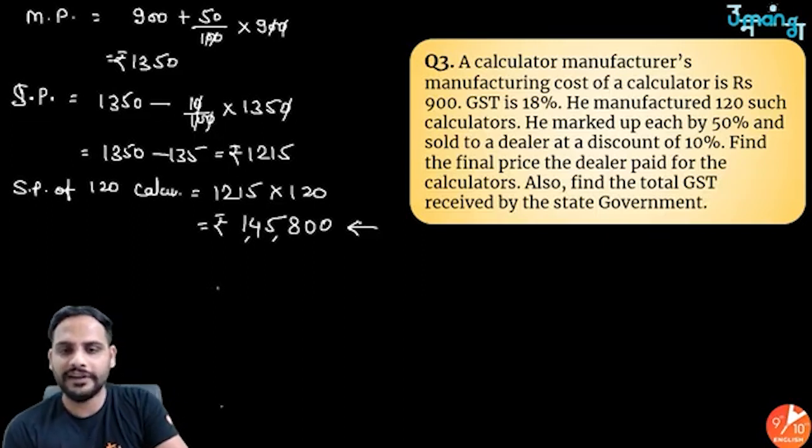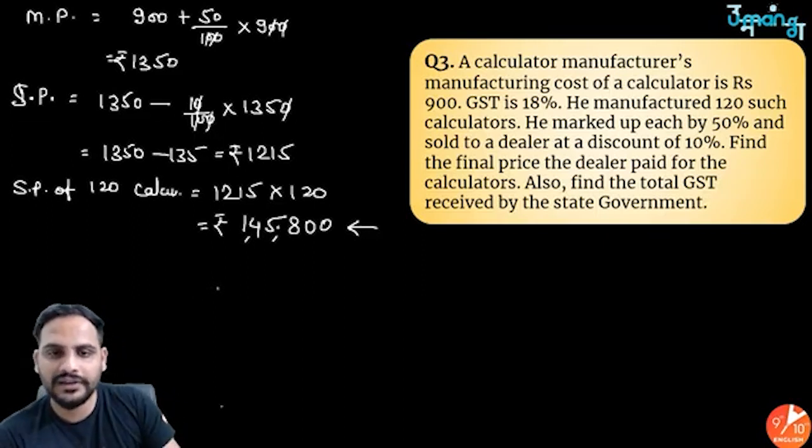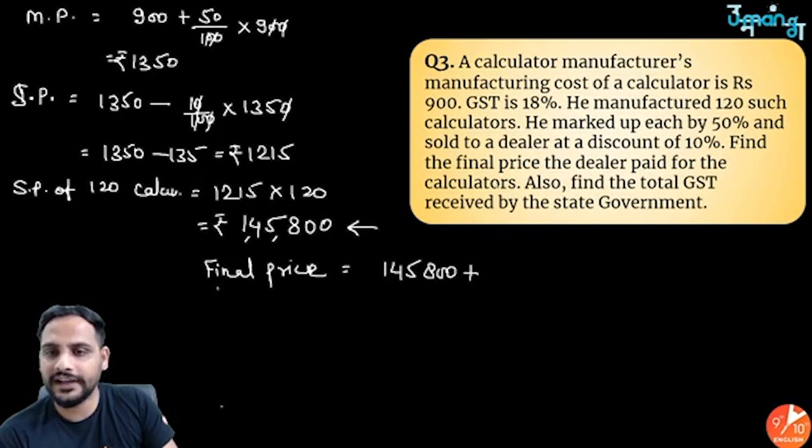Sorry, this is not the final price, this is the selling price. So the final price will be this plus the tax, right? So the final price will be 1,45,800 plus the tax. Tax is 18 percent of this 1,45,800. Solve it and you will get the final price.